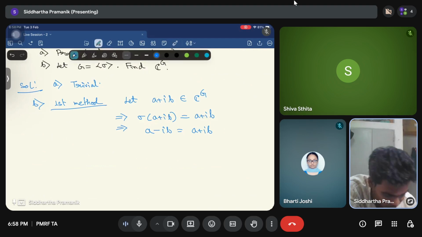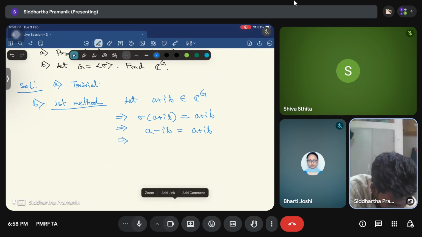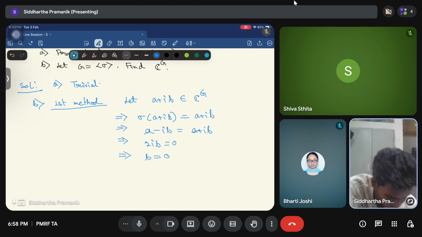But when these are equal, if you compare the real and imaginary parts, then a and a get cancelled. So 2 times ib is equal to 0. That means b has to be 0.